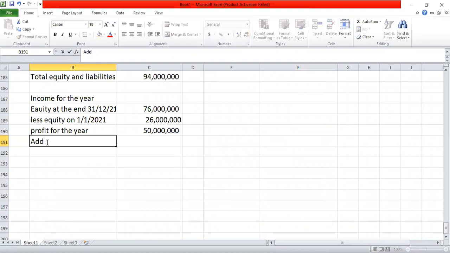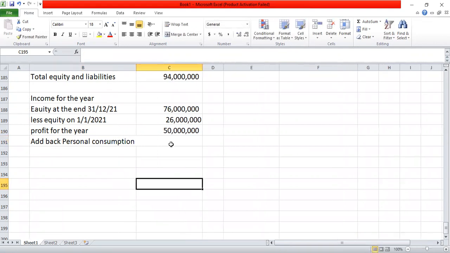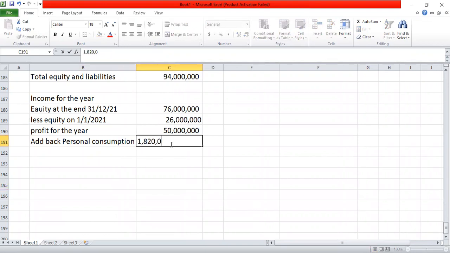Add back personal consumption, which is 1 million 820.